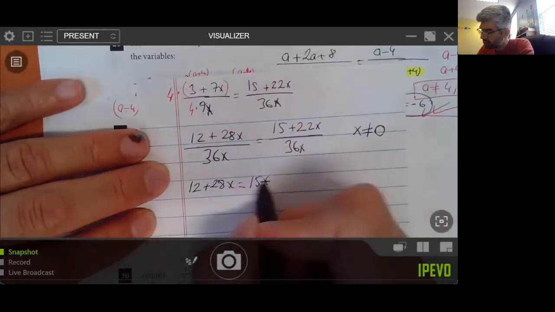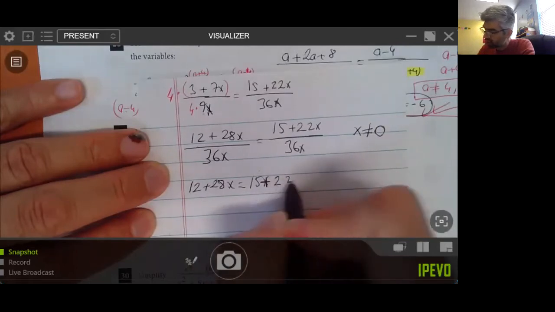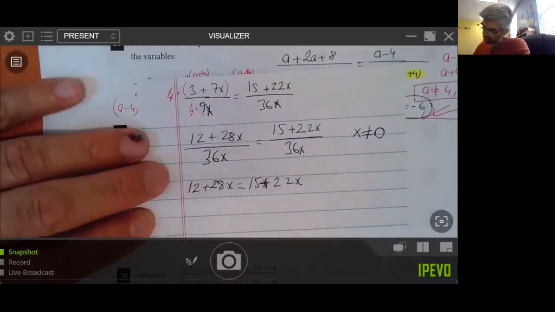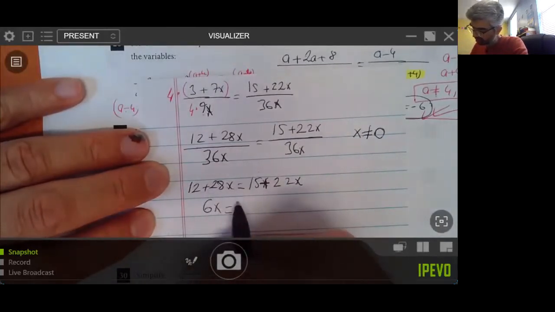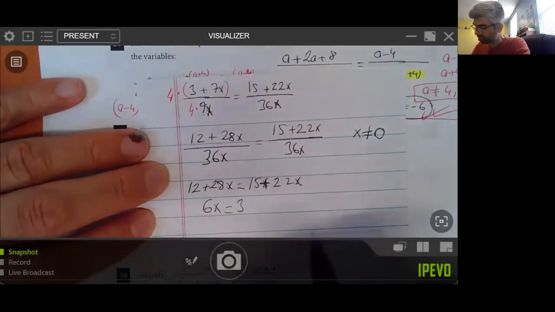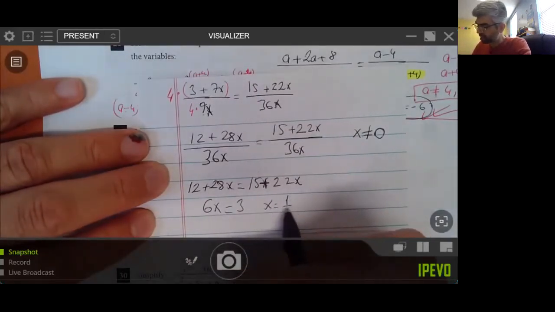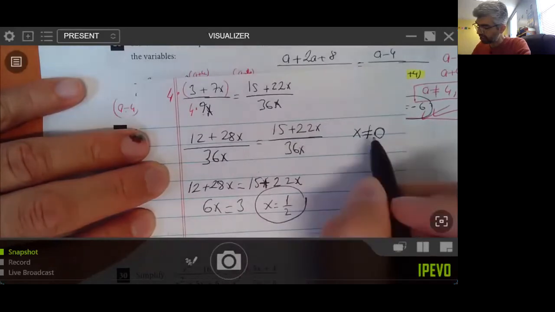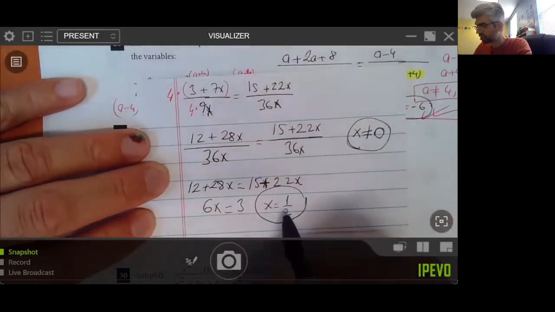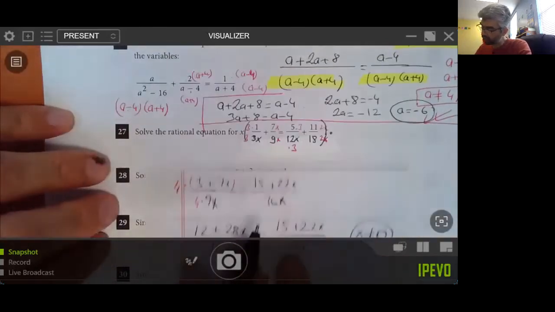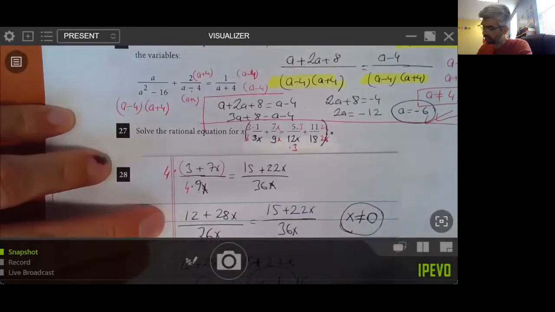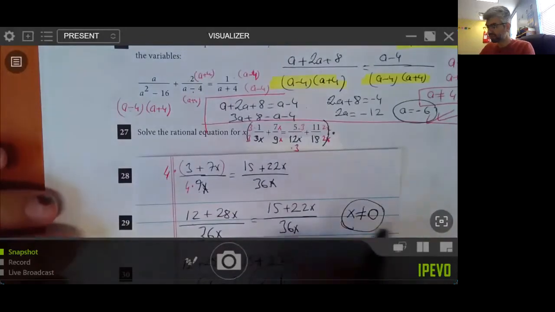Oh, sorry, 15 plus 22x. x is on one side. I have 6x on the left hand side. 15 minus 12 is 3. So x is 1/2. x is different than 0. x is 1/2. We should plug it in the original equation, okay? And we will see it satisfies.